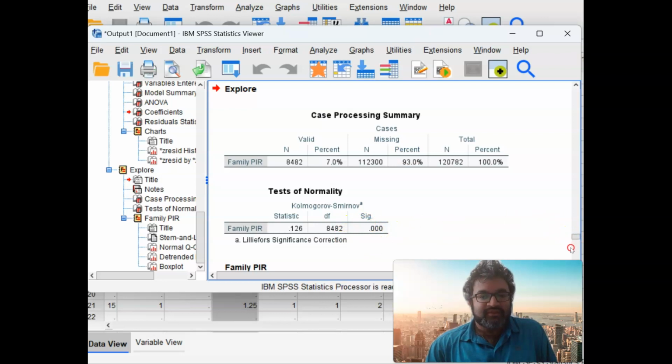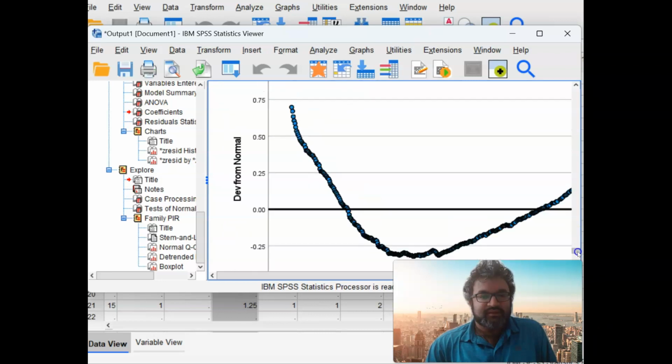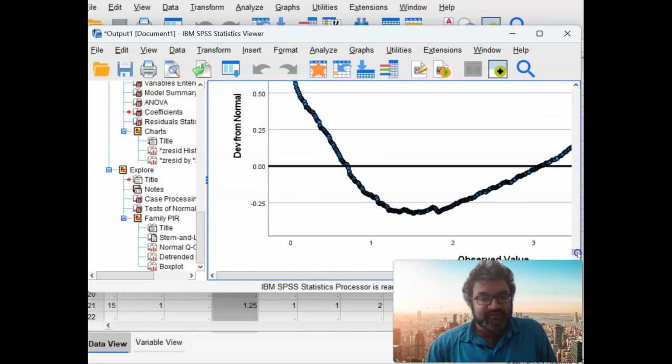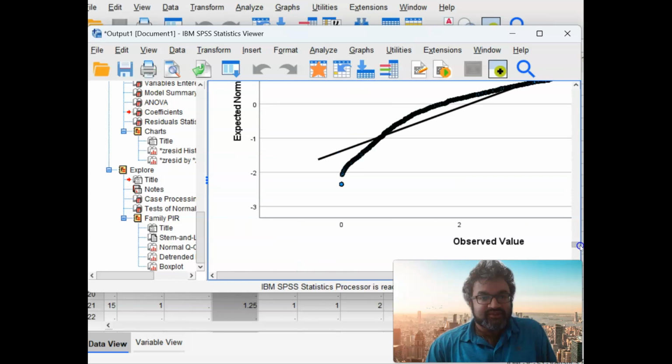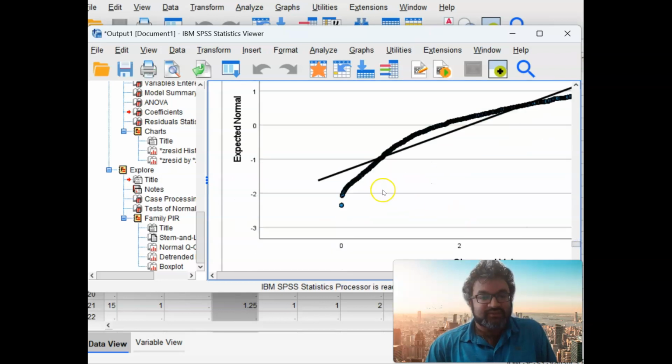That means that this is not normally distributed. However, another way to look at this is the PP plot. Actually, the normal QQ plot. The QQ plot is also drawn to make sure that it's normally distributed. And some of the expected versus the observed actually look similar.